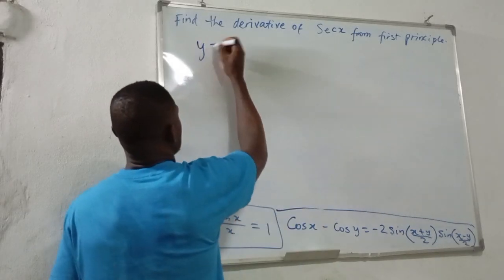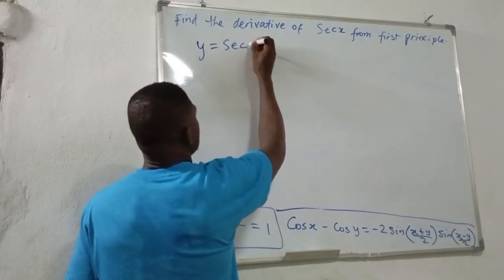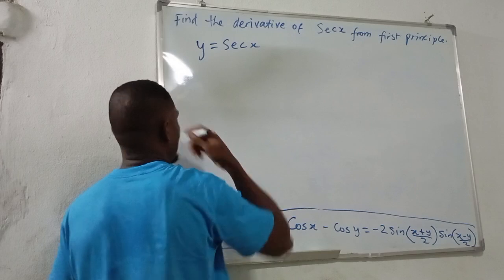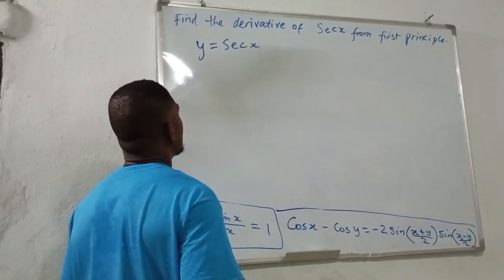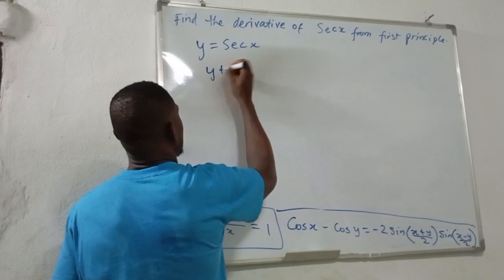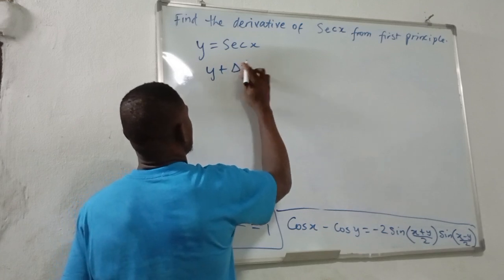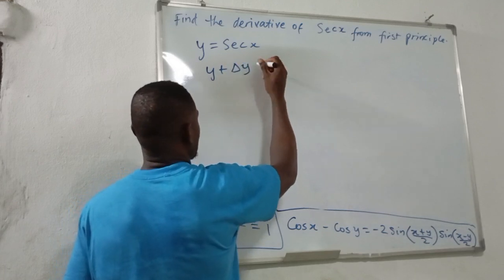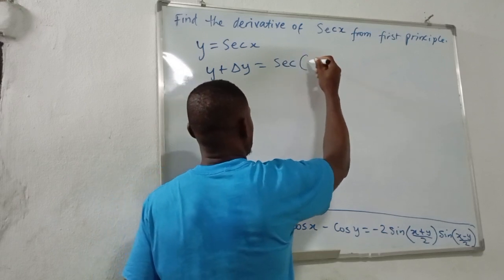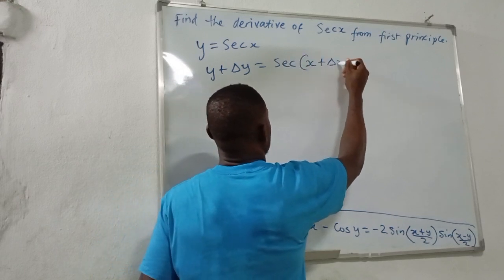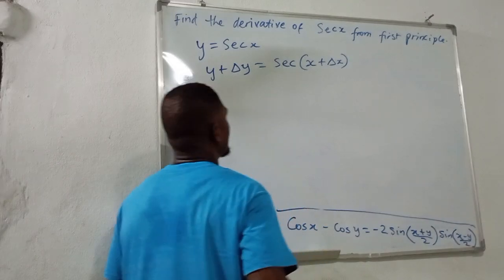So we're going to start by saying y equals sec x, and then we take the partial differential of this. So it's going to be y plus dy equals sec of x plus the differential of x.